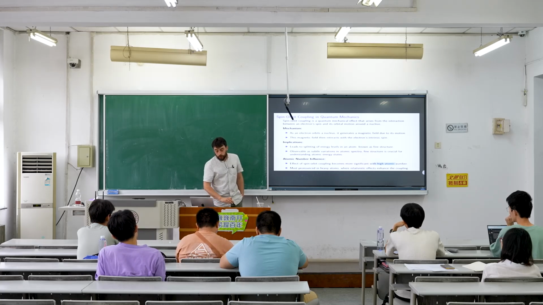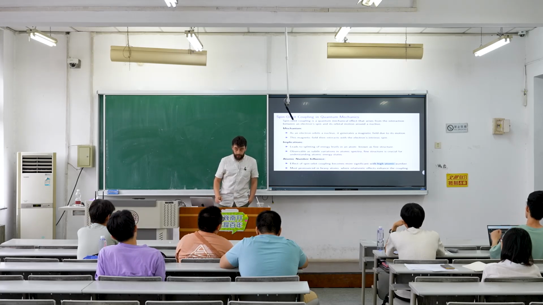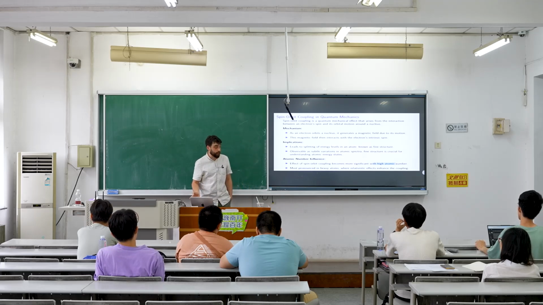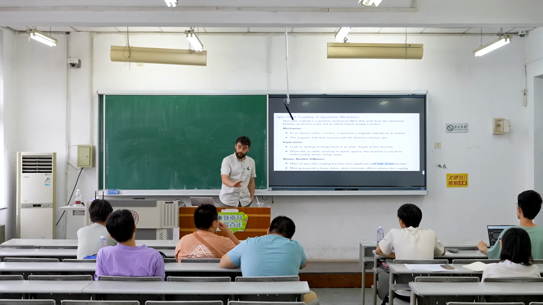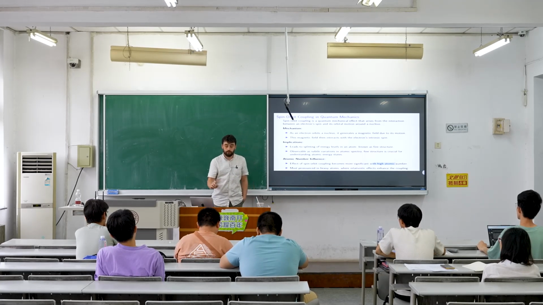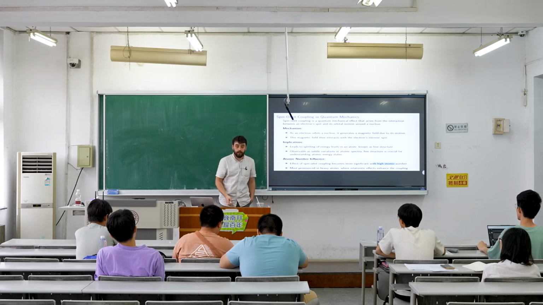Now, spin-orbit coupling is associated with high atomic number. So we're talking about lanthanides, actinides, way down in the periodic table. Uranium, lanthanum, bismuth, lead, heavy elements.